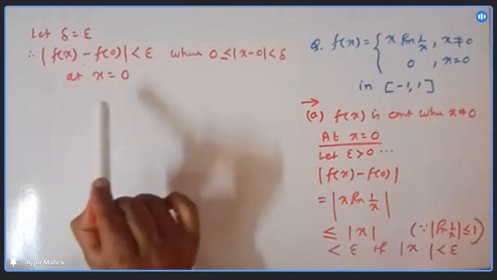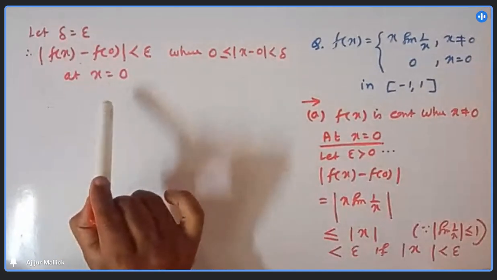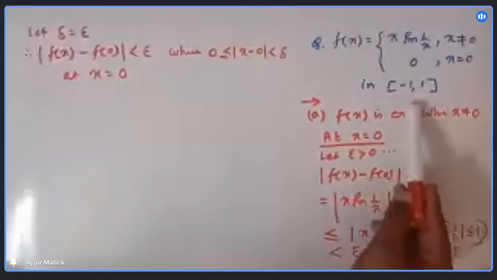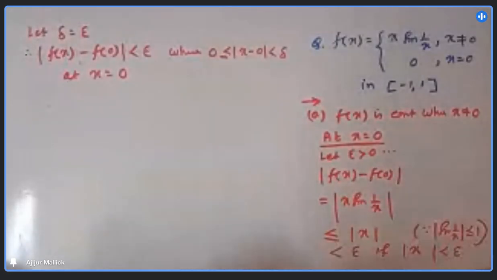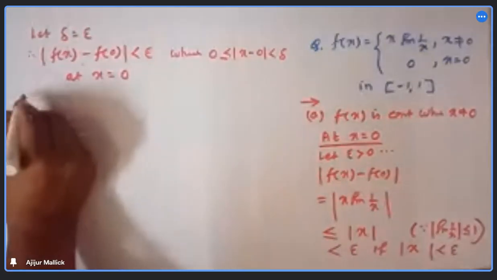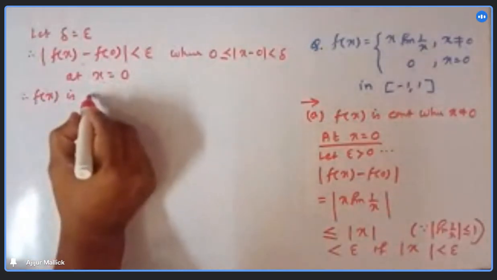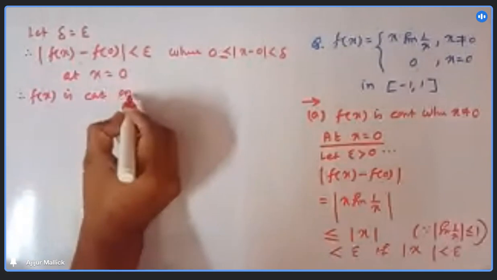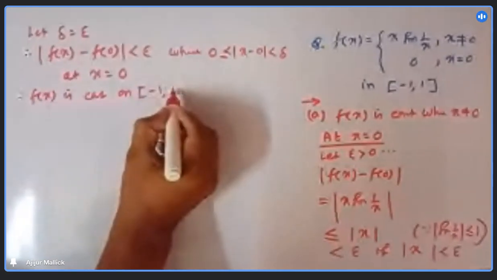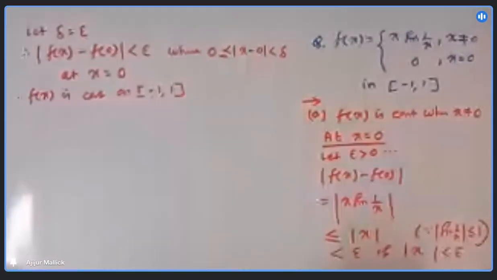That means it is continuous at any point between minus 1 and 1. Therefore, f(x) is continuous on the closed interval minus 1 to 1.